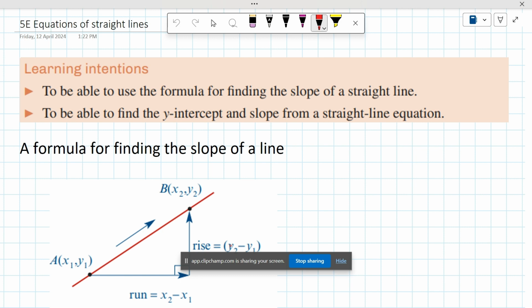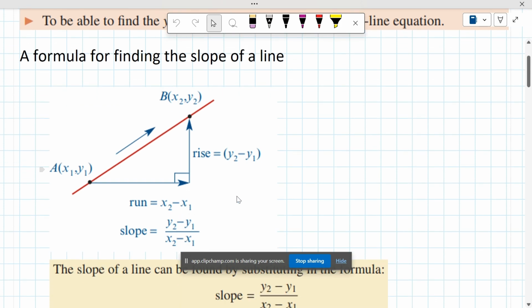First, to use the formula to find the slope of a line, we need 2 points. Remember, in the last video we talked about rise and run. This is a very important thing to understand. We know the rise is y2 minus y1.